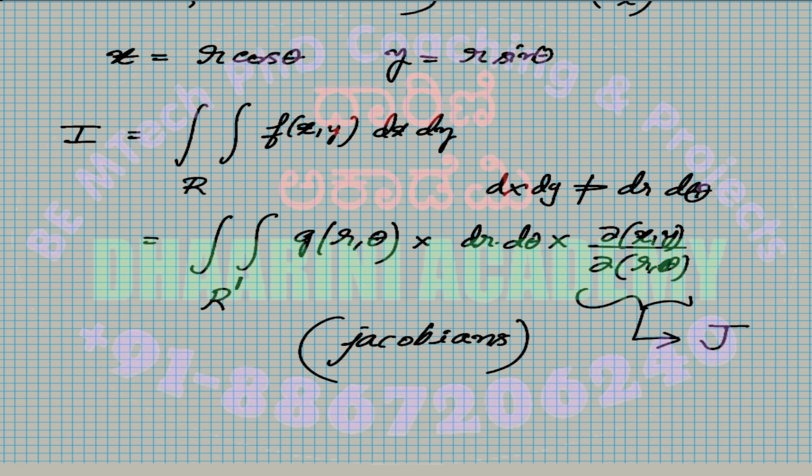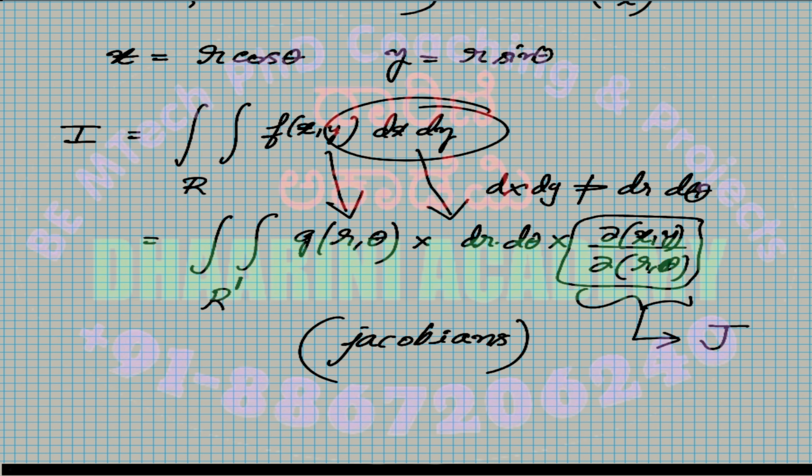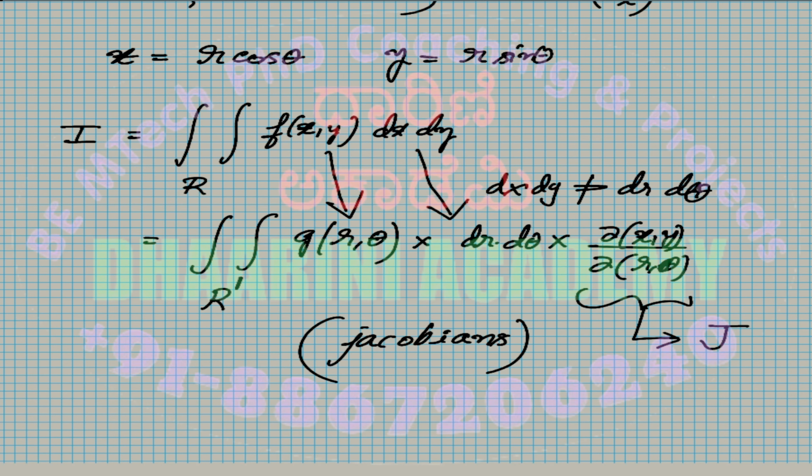So fundamentally, you are trying to replace the coordinates x, y by r, theta, and dx dy by the corresponding things. But I also need to multiply how your original dx dy changes with r and theta when you want to replace; that component needs to be multiplied.